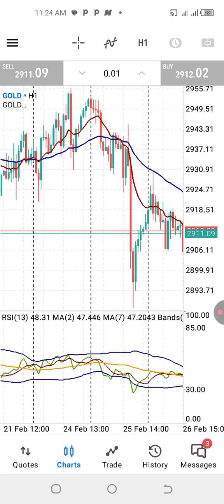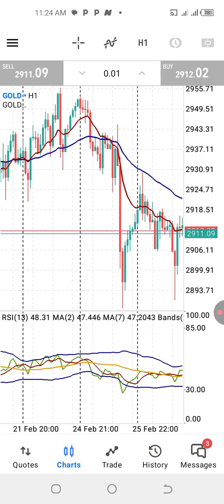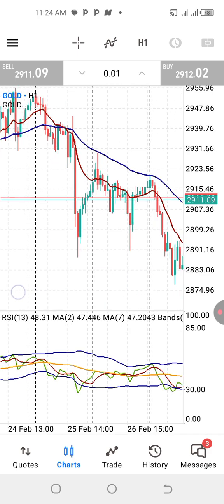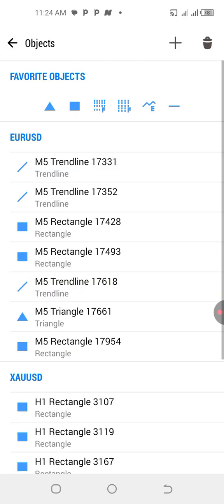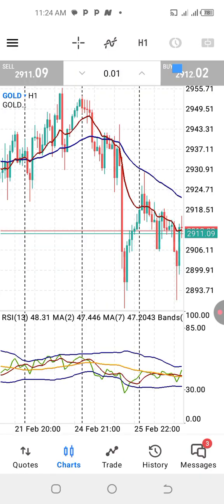So guys, let me show you this example here. As you can see, here I was given a signal. On these lines we are going to focus on crossovers.